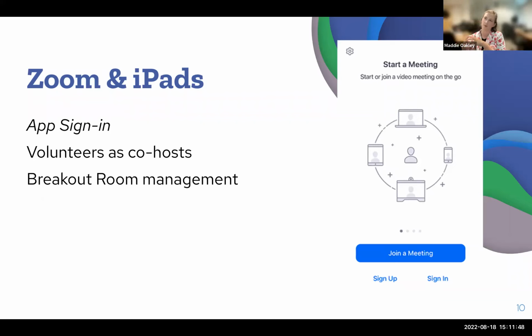And then once you're signed in as yourself and you've scheduled the meeting, say in the web version on your computer, that meeting is going to be sitting right in your queue on the app in the agenda that you have. So then you can just join it.